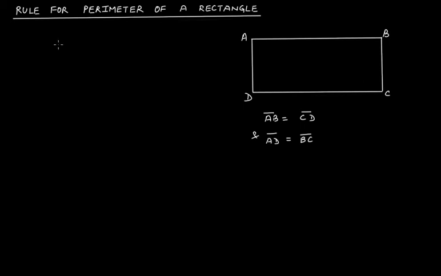Now, if I have to write the perimeter of this rectangle, then we know that the perimeter of a rectangle will be what?